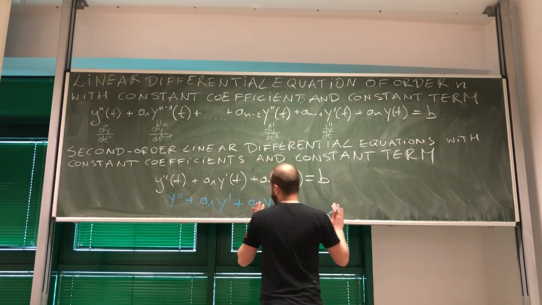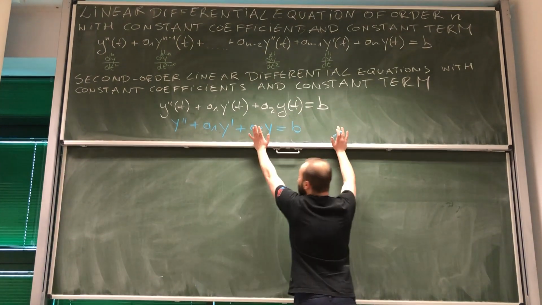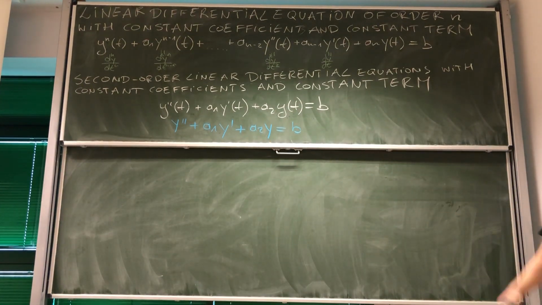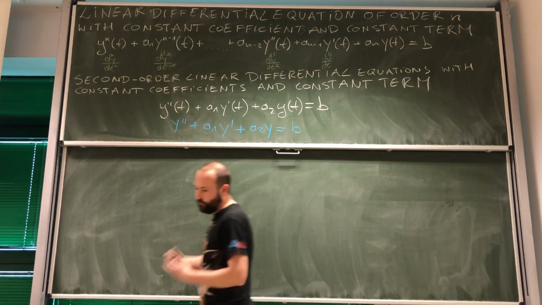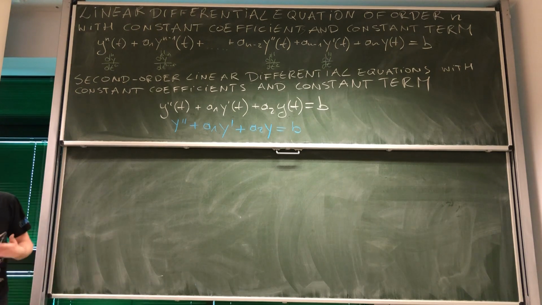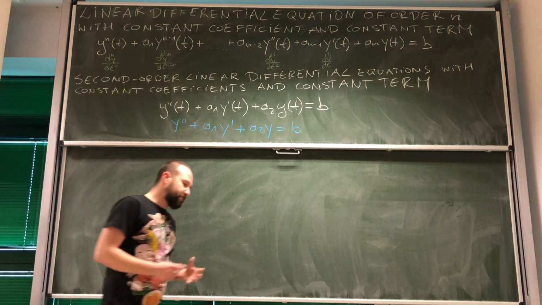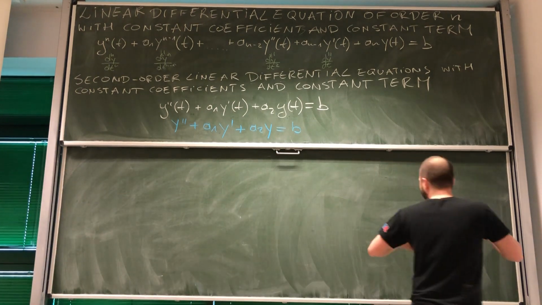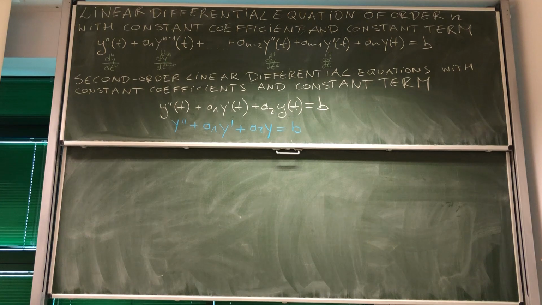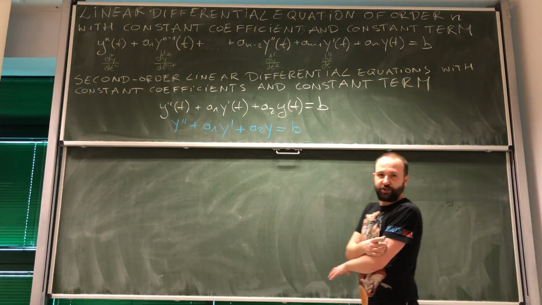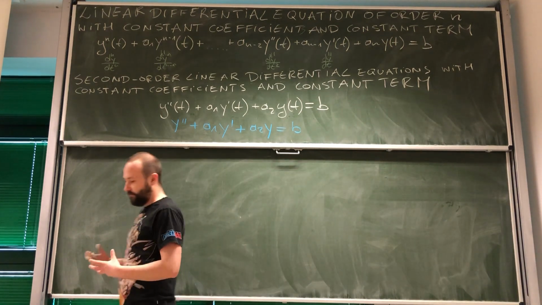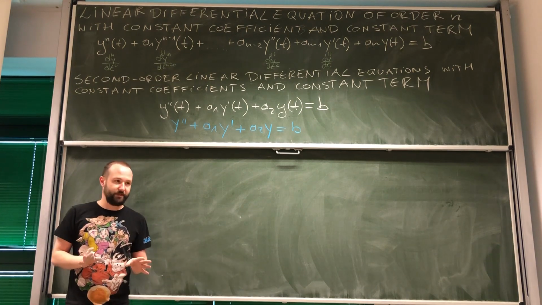Okay, so now that we know what we are dealing with, the next thing to do would be, of course, to find a solution to this differential equation. And just like in the case of a first order differential equation, the solution is going to be made of two components.